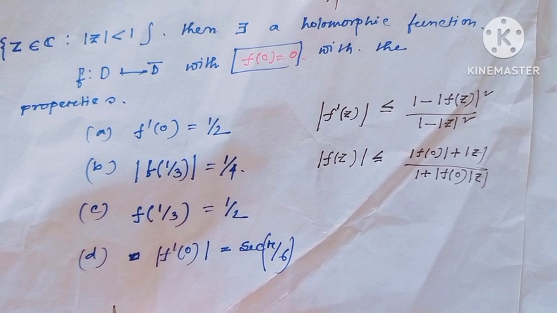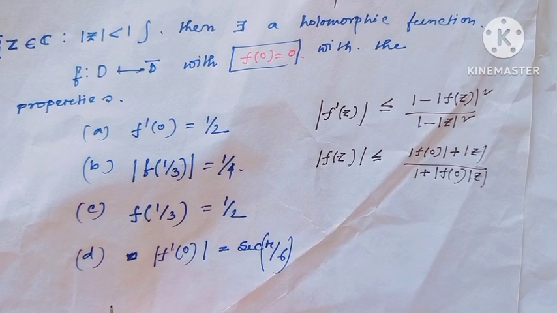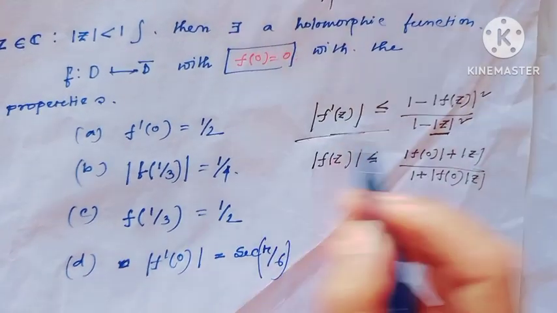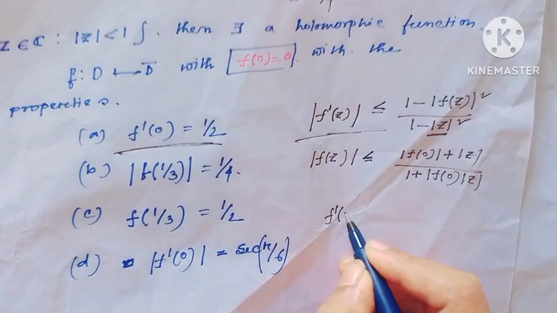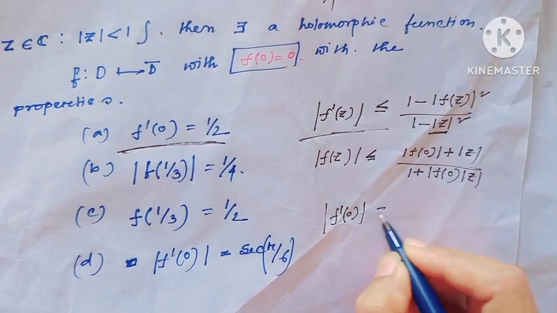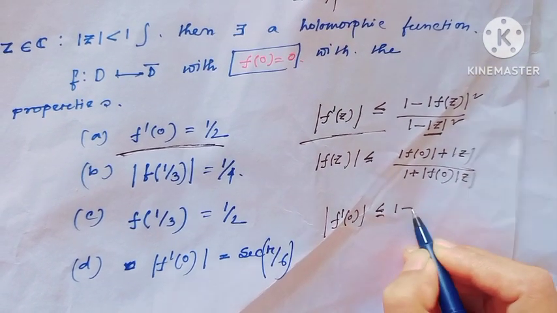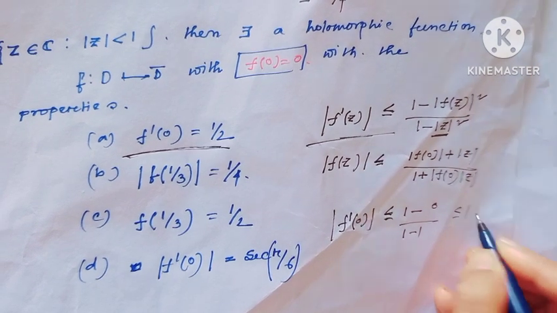Modulus of f prime z is less than or equal to (1 minus modulus of f(z) whole square) divided by (1 minus mod z whole square). So for this I will use f prime 0, and given f of 0 equal to 0, this is less than or equal to (1 minus 0) over (1 minus 0), which is less than or equal to 1.